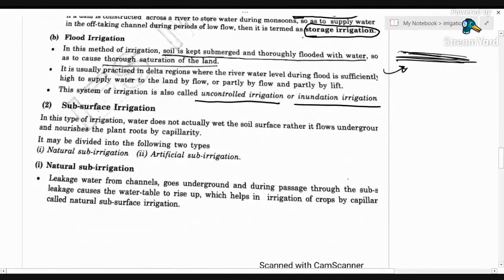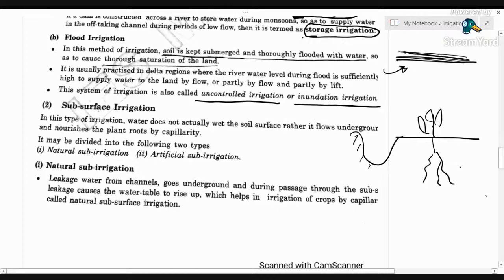Next type of irrigation is called subsurface irrigation, which I told you about. This is my land, this is my crop, and this is my plant roots.